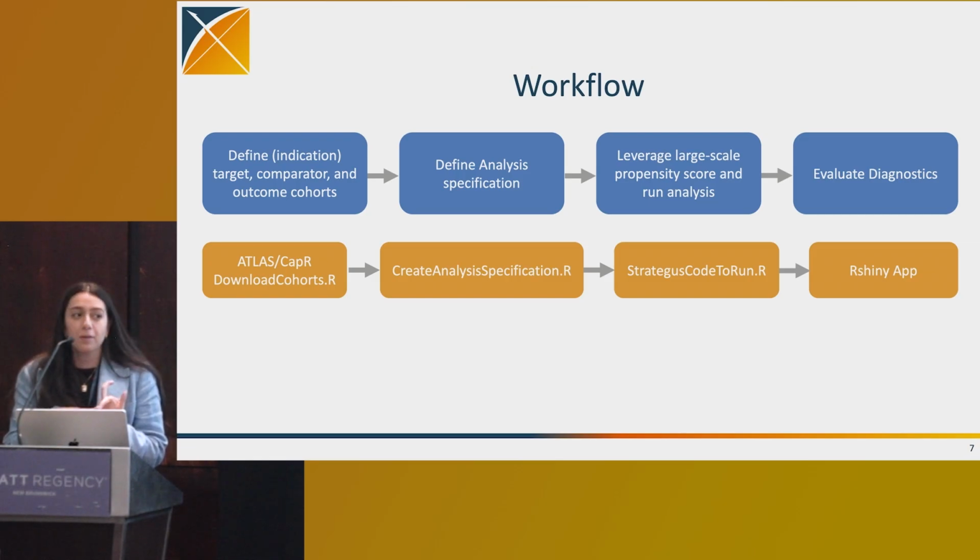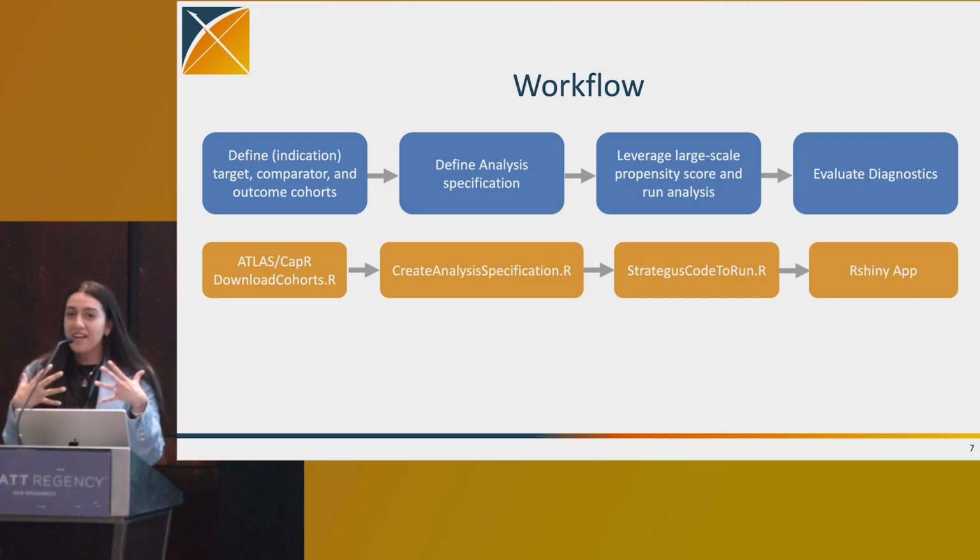And so we'll talk a little bit more. We've already hinted at the diagnostics and why they're really helpful. And we'll walk through the 4 diagnostics that we use in a little bit more detail here. We will use Strategus, which Martijn talked about earlier, to actually implement this study. Strategus is really helpful because it allows us to generate a JSON file, which will include all of the details for our study analysis.